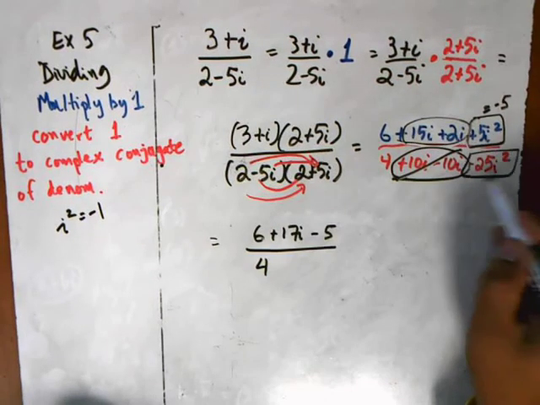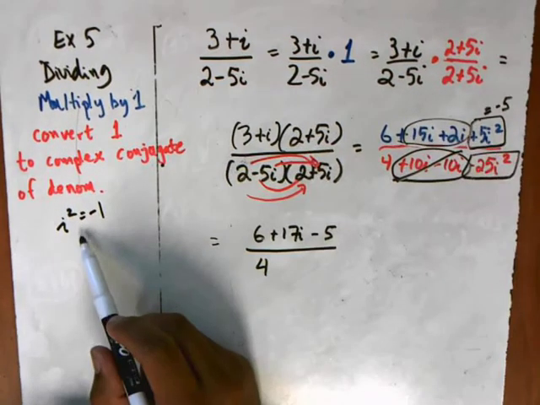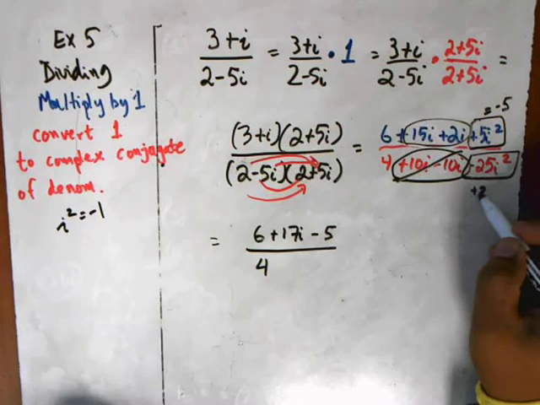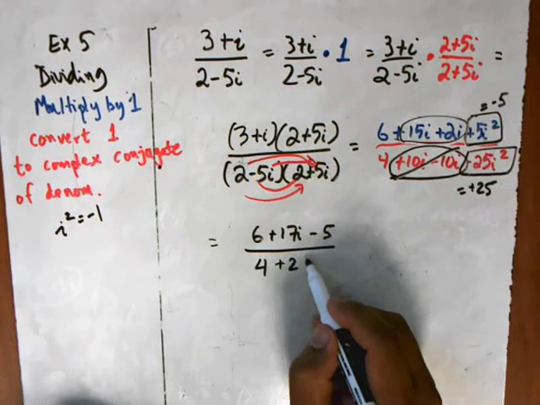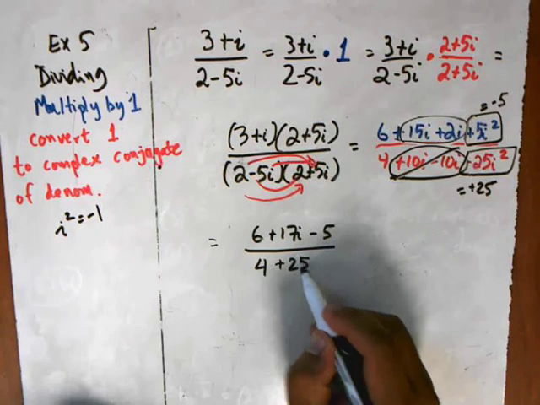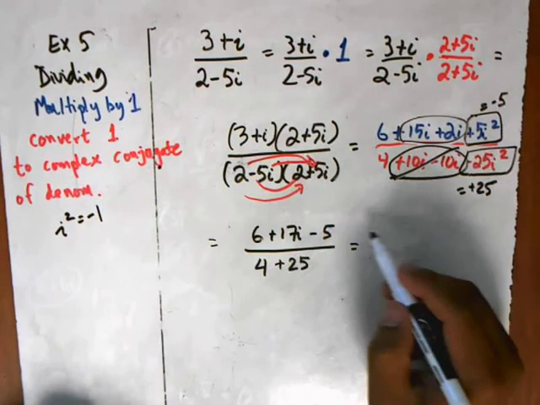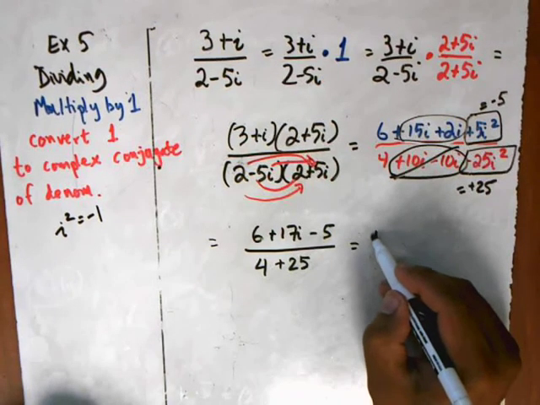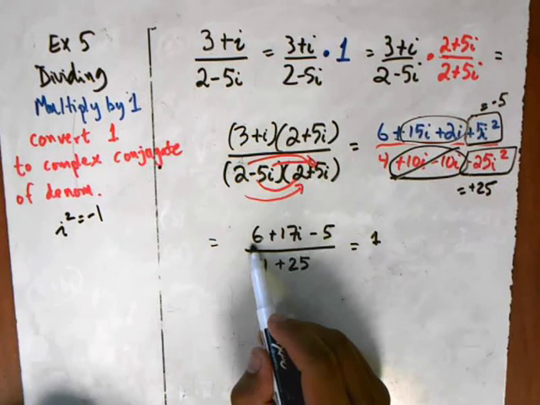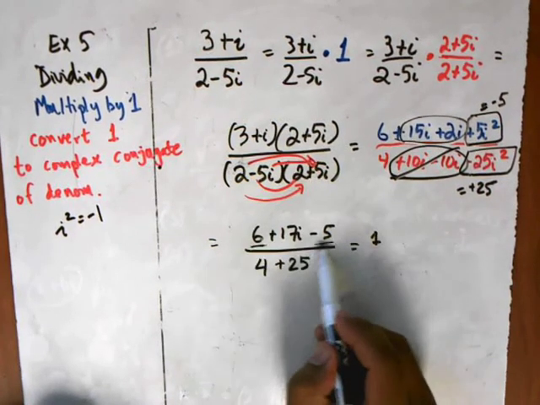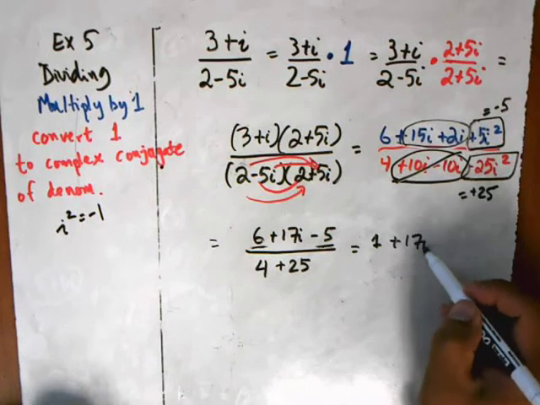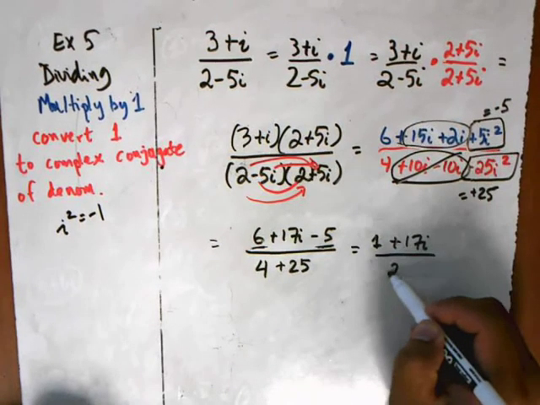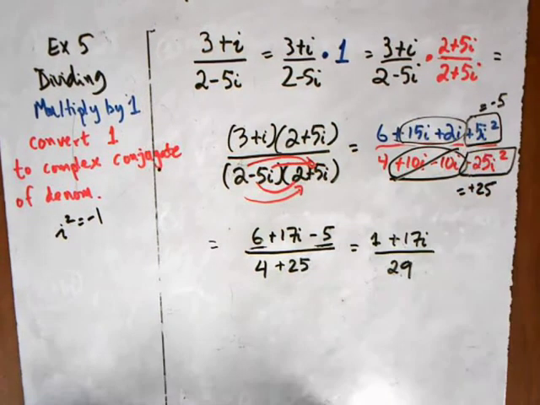And again, this block right here, because i squared is equal to -1, this is just positive 25. So plus 25. Simplify this out. This comes out to, on the top 1, because we're taking the two real parts and adding them together, plus 17i, all of that over 29.